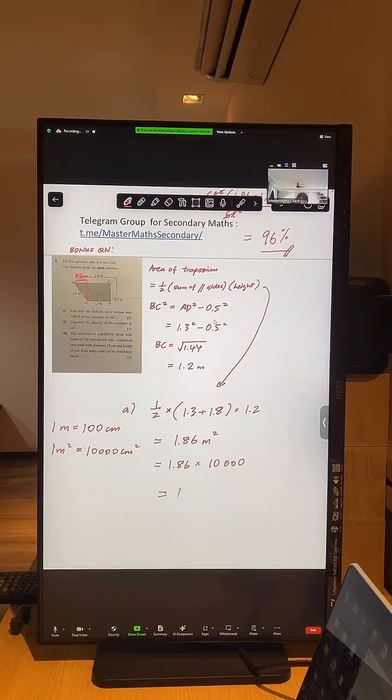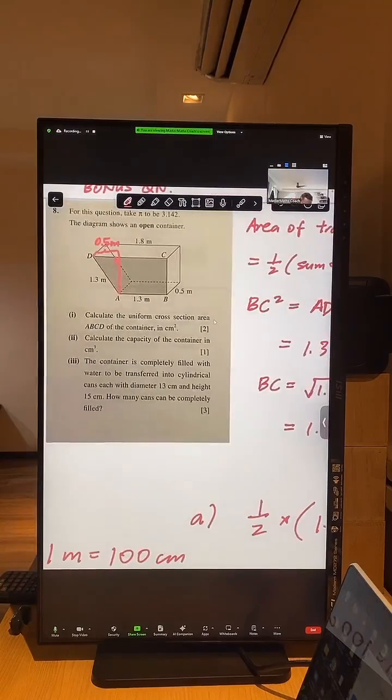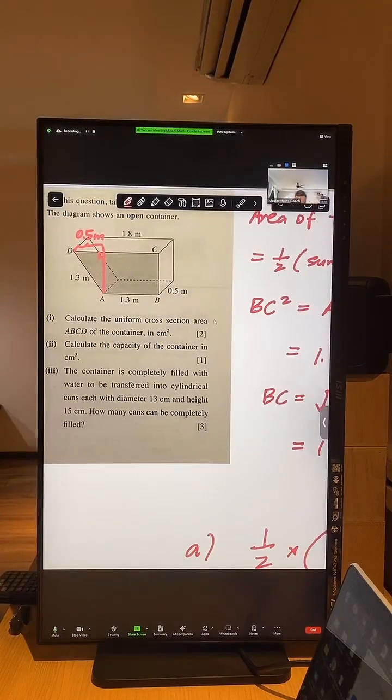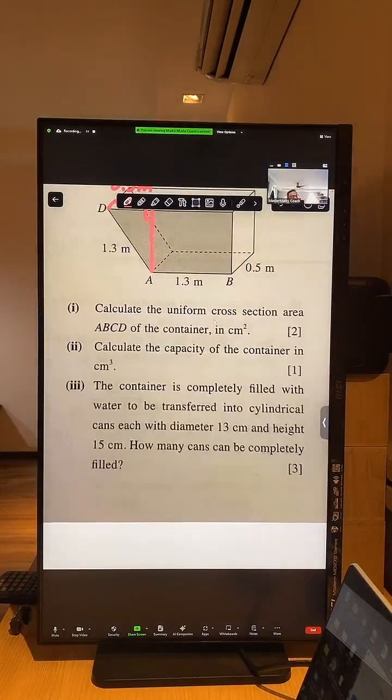So times 10,000, this will be 18,600 cm square. Can use your calculator if you're not confident in your mental sums, 1.86 times 10,000, 18,600 cm square. So that's your final answer, because the question specified that they want the answer in cm square.